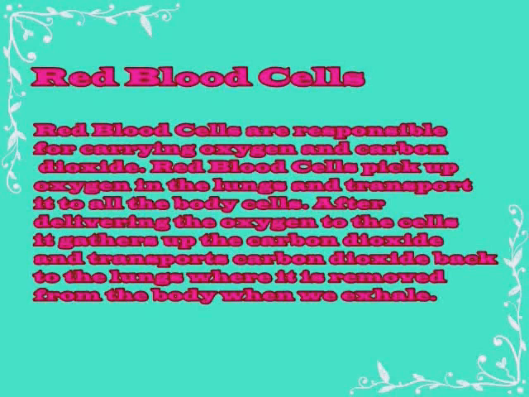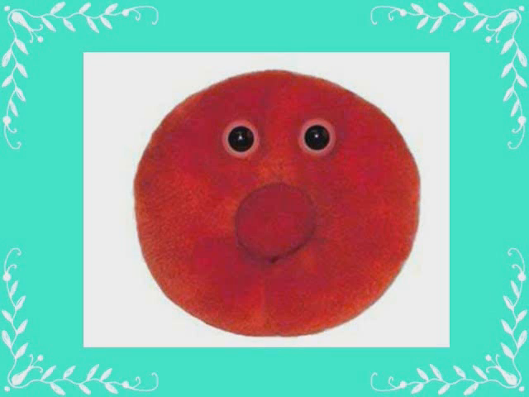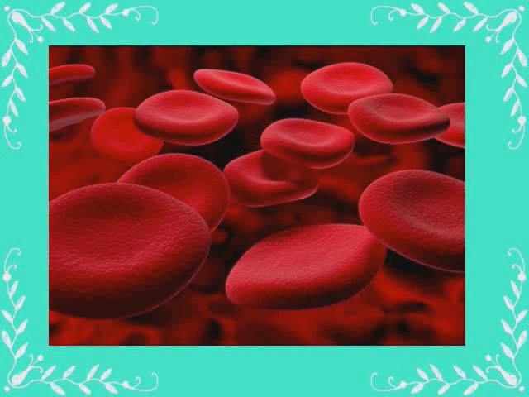After delivering the oxygen to the cells, they gather up the carbon dioxide, which is a waste gas produced as our cells are working, and transport carbon dioxide back to the lungs, where it is removed from the body when we exhale or breathe out. There are about 5 million red blood cells in 1 drop of blood.